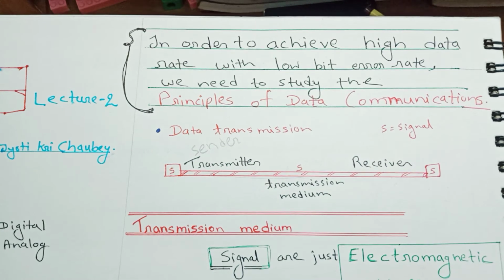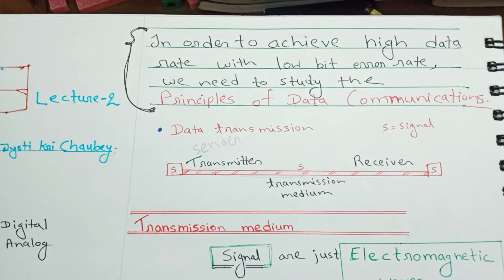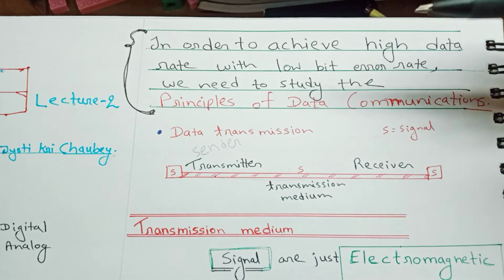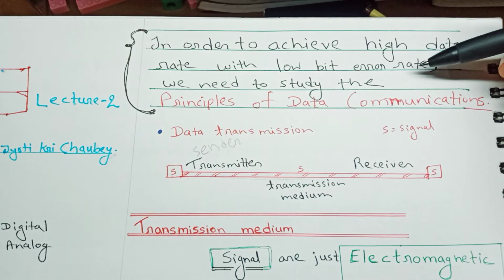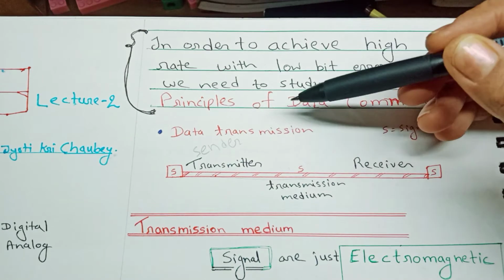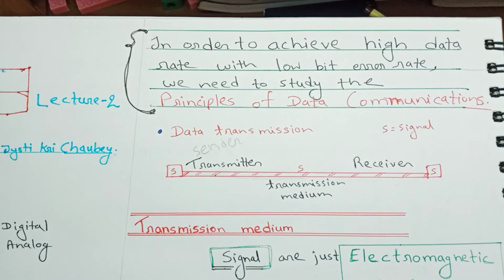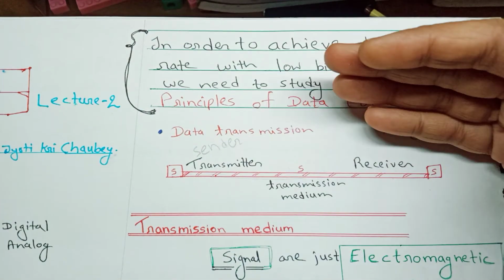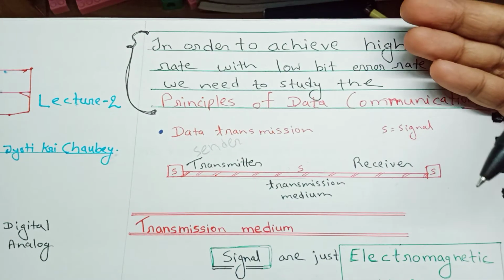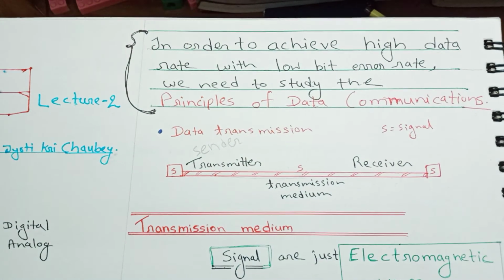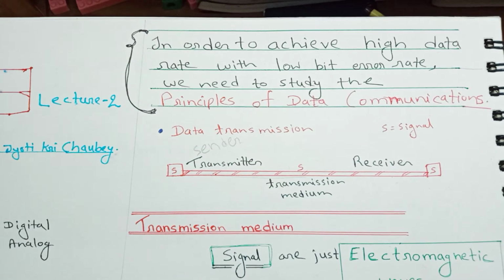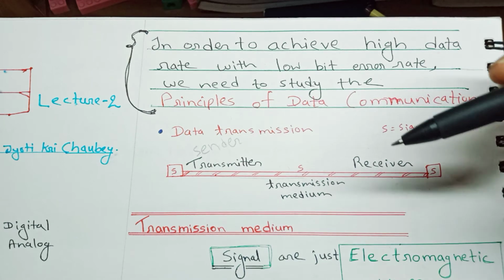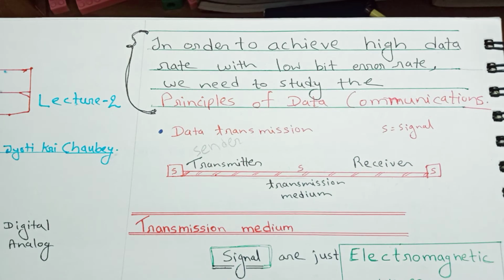Do you understand? In order to achieve high data rate with low bit error rate, we need to study the principles of data communications. This is the only base on which we are studying, researching and working for data communication and transmission systems.